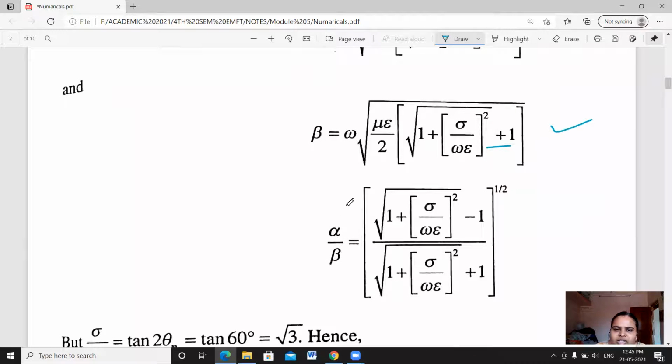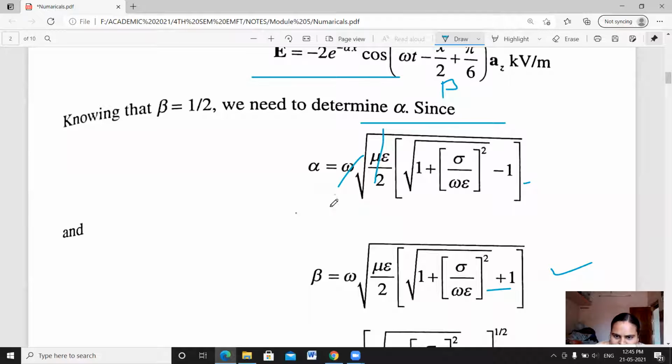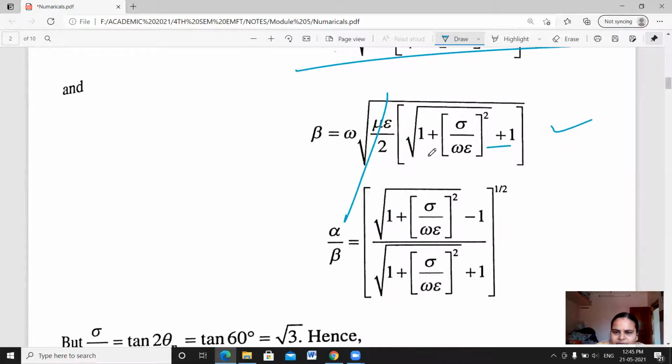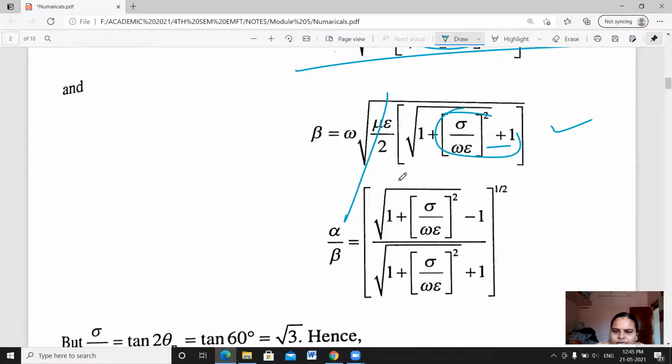Then alpha by beta, if I divide the whole thing, the front part will cancel and we are left with the inner part only. Therefore, alpha by beta is the square root of (1 plus (sigma divided by omega epsilon) squared minus 1) divided by (1 plus (sigma by omega epsilon) squared plus 1), raised to the power 1 by 2.